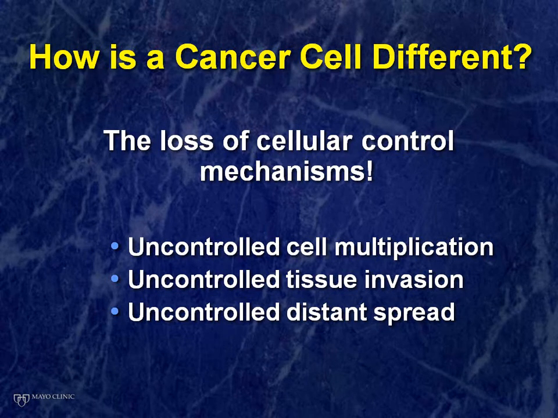Then they have uncontrolled cellular multiplication. They invade tissues they're not supposed to invade. And truthfully, what kills most patients with cancer is the fact that the cells break off and go live somewhere else, and they grow somewhere else. So this is distant spread.